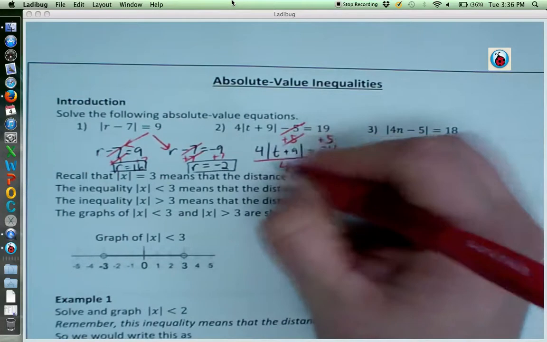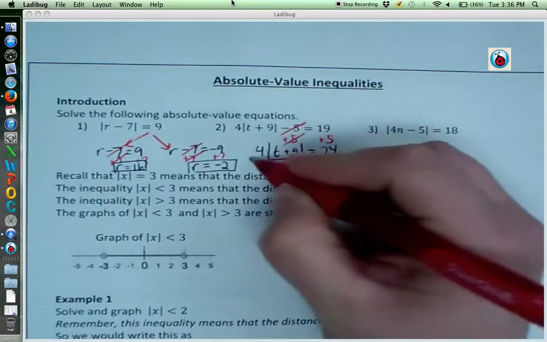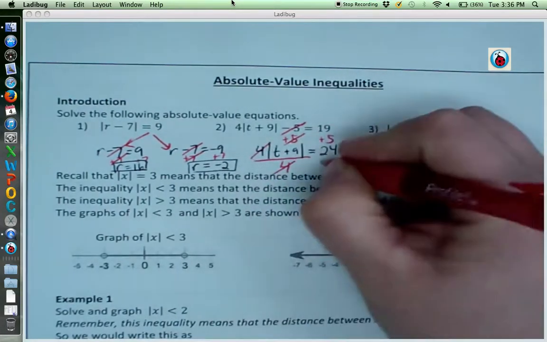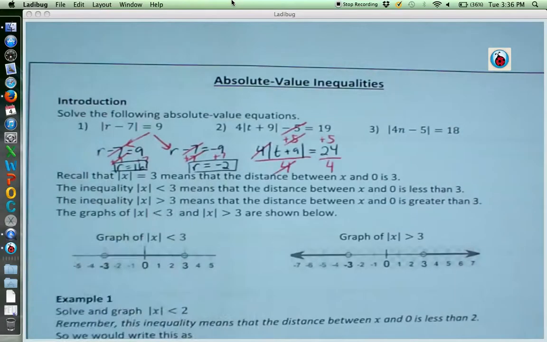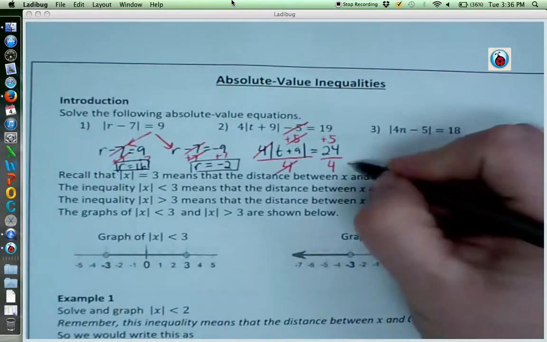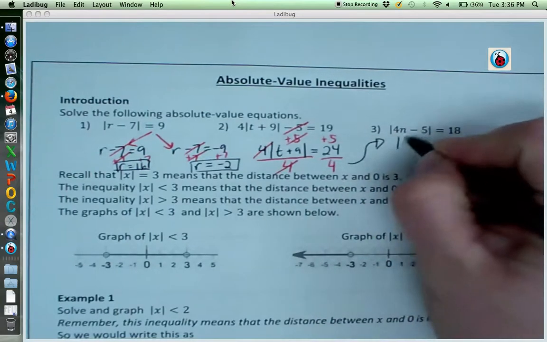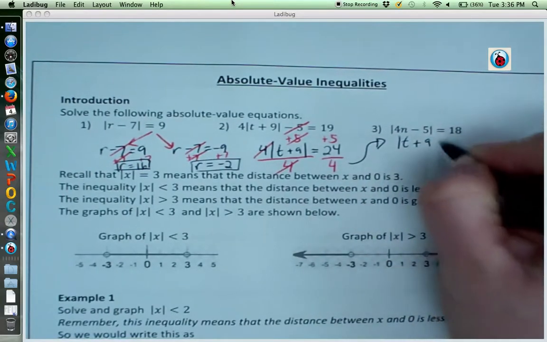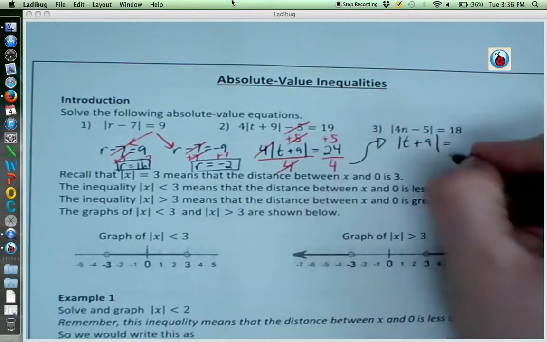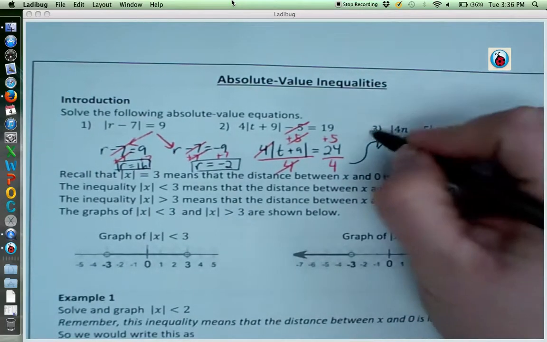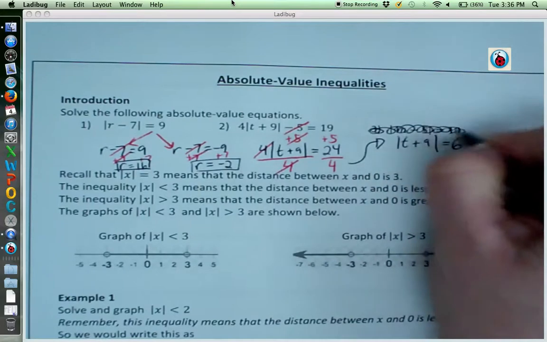Since my absolute value is being multiplied by 4 currently, and those will cancel, I'll divide the other side of the equal sign by 4 as well, and I get the following. Absolute value of t plus 9 is 24 divided by 4, which is 6. And I'm going to skip example 3. I don't have room for that.